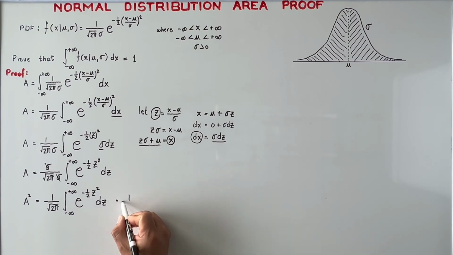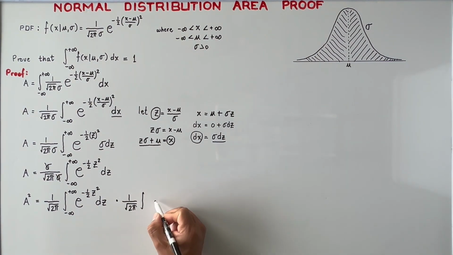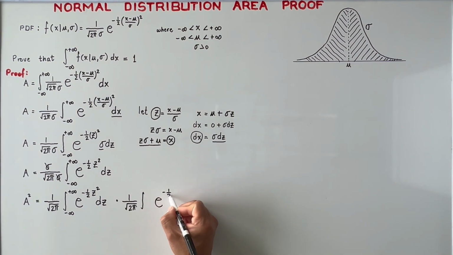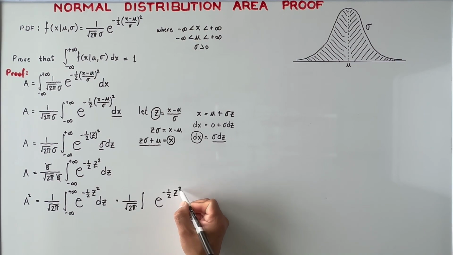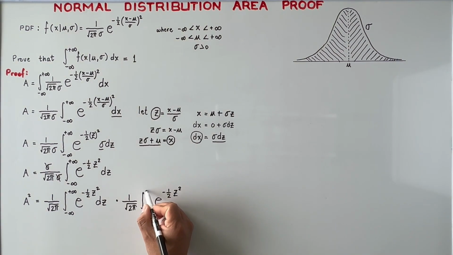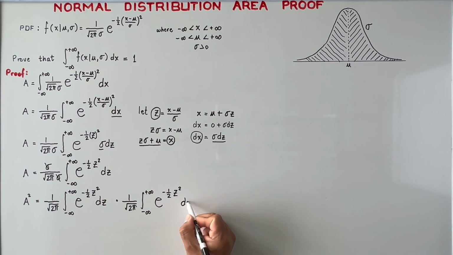So this is multiplied again by itself: 1 over the square root of 2 pi times the integral of e to the power negative 1/2 of z squared from negative infinity to positive infinity dz.